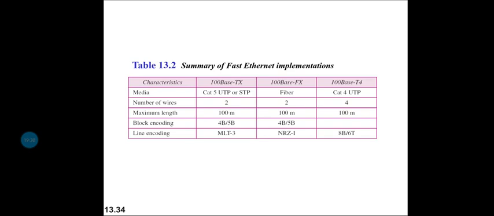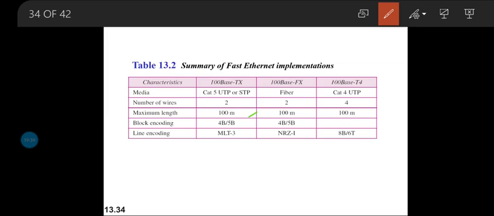The number of wires in the first 2 is 2 and the number of wires in T4 is 4. Maximum length supported here is 100 meters for all the 3, and then the block encoding method 8B5B is used in TX and FX, but in T4 we are not implementing that block encoding method.